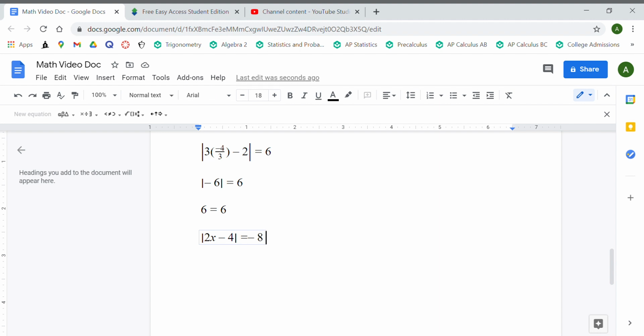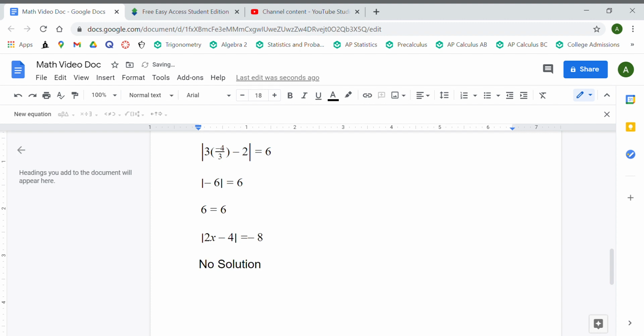It's going to be 2x minus 4 equals 8 and 2x minus 4 equals negative 8. However, I want you to take note of the negative sign on the right side of the equation. I want to remind you that an absolute value can never be a negative number. Therefore, we can't really solve this. Or you can, but there's really no point in doing so. So therefore, this equation has no solution.